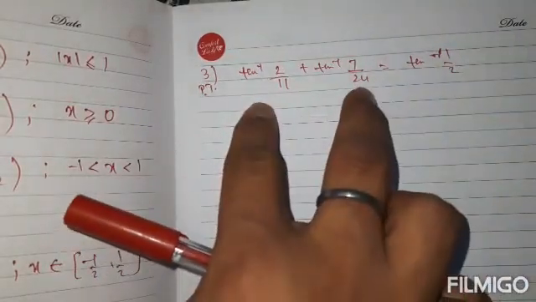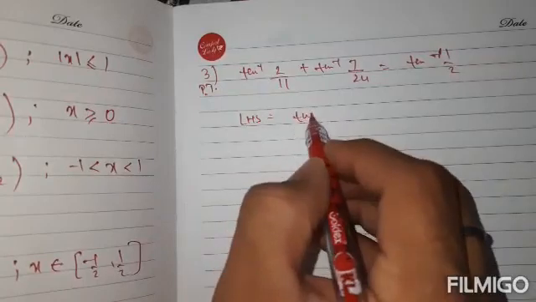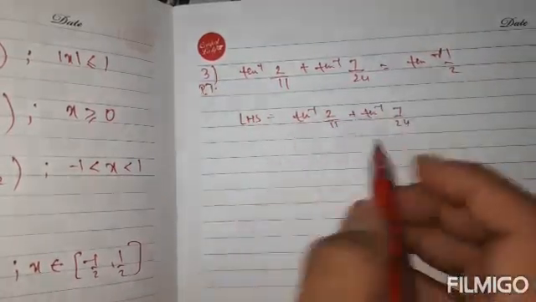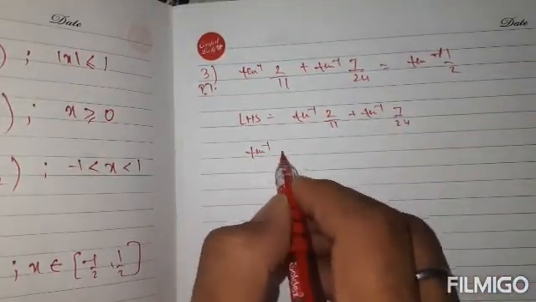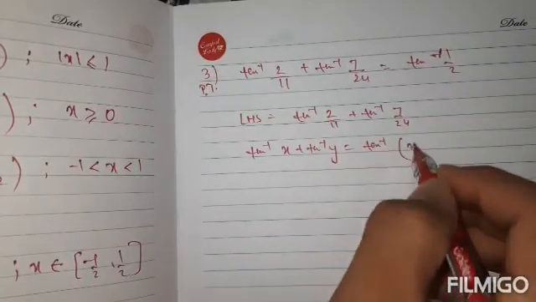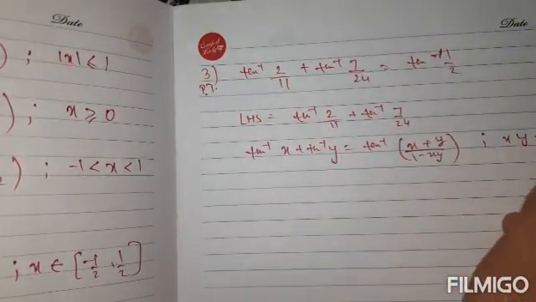Obviously this LHS looks quite complicated, so we will start with the LHS: tan inverse 2 by 11 plus tan inverse 7 by 24. We just went through a formula that you might remember: tan inverse x plus tan inverse y is equal to tan inverse of x plus y upon 1 minus xy. This is applicable when xy is less than 1.